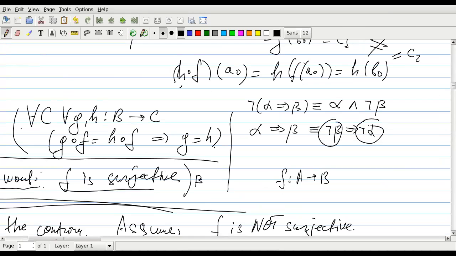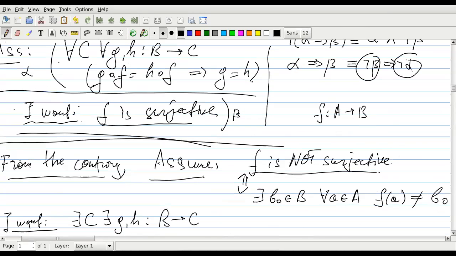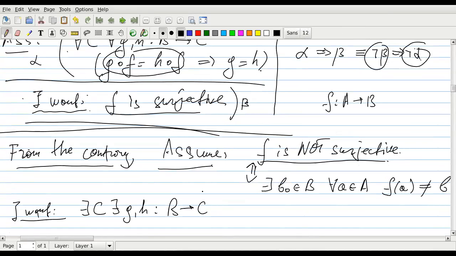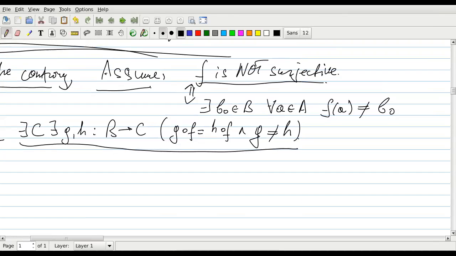So in other words, the negation of beta is true, so this one has to be true, while this one is not true. Now, my goal is this one, and I know that f is not surjective. Is it clear?